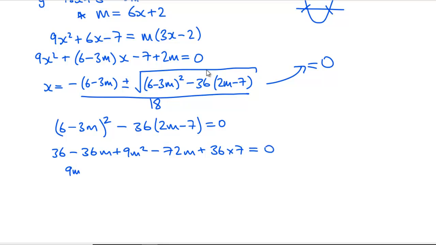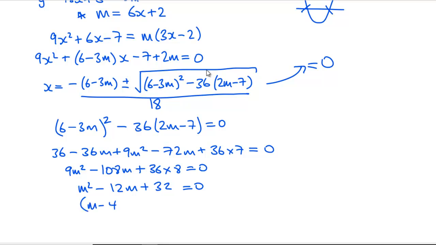So that's 9m squared minus 108m plus 36 plus 7 36s, so it's 8 36s, equal to 0. 9's go in: m squared minus 12m plus 32. So 8 and 4 is 12. We've got m minus 4, m minus 8 is equal to 0. m is equal to 4 or 8.